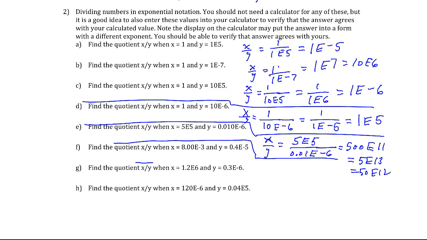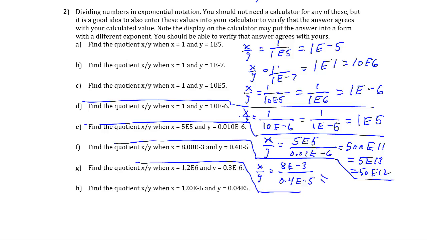Find the quotient for the next one. x over y is 8 times 10 to the minus 3rd over 0.4 times 10 to the minus 5th. I'm dividing those two, and I'm going to get 8 divided by 0.4.